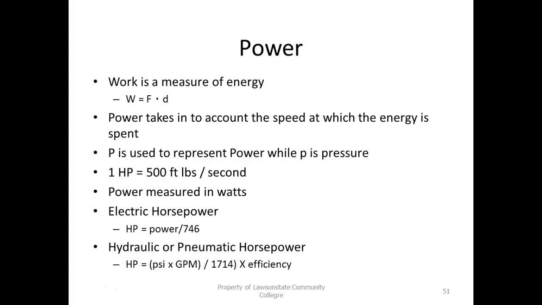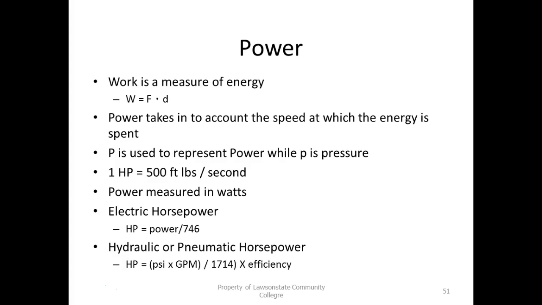In fluid power, what we do is we take the PSI, so pressure times speed, right? You understand? And that would give us power, and then we convert that into horsepower. Okay, so what would that be, guys?